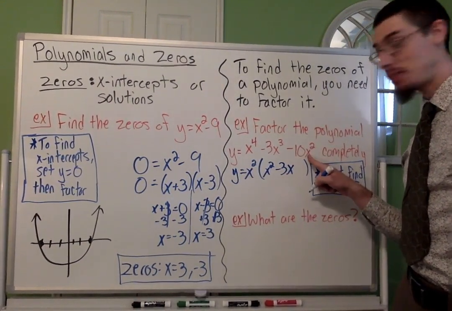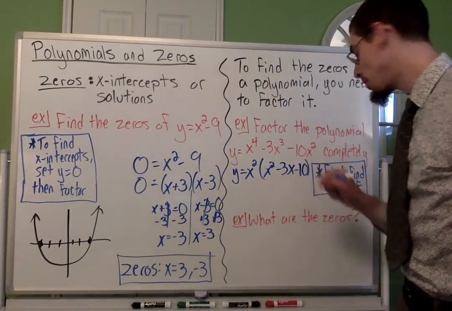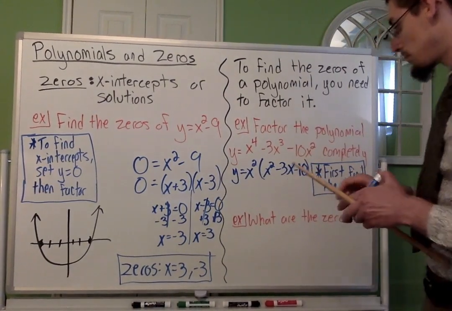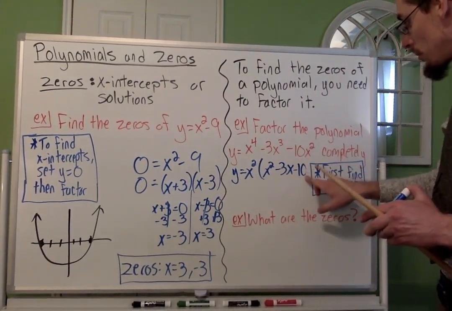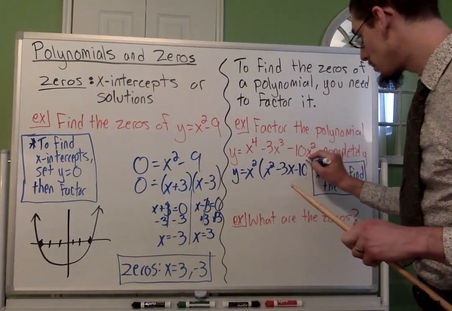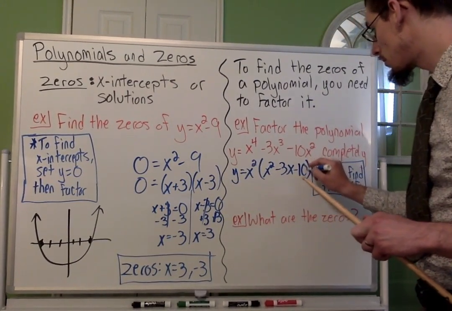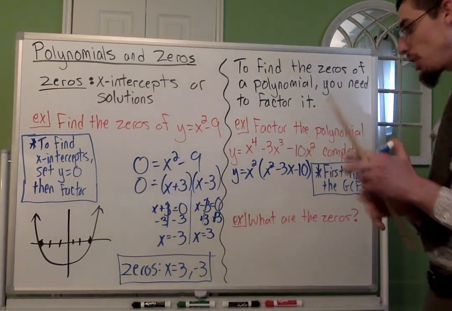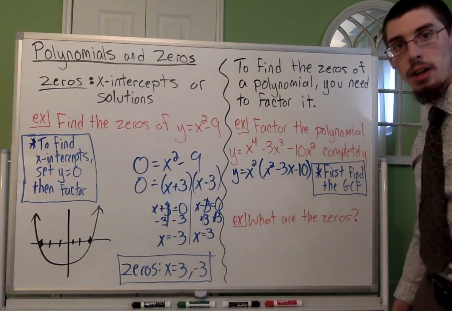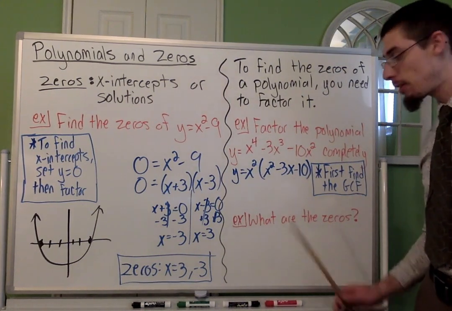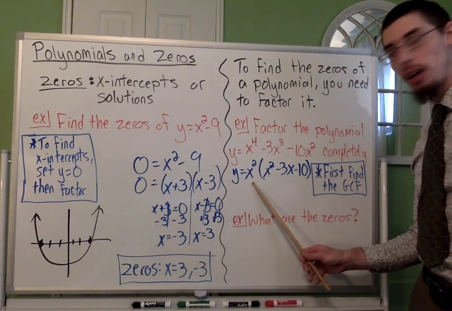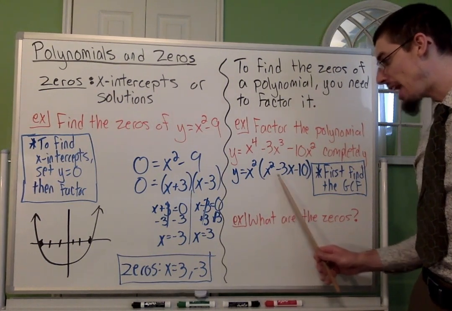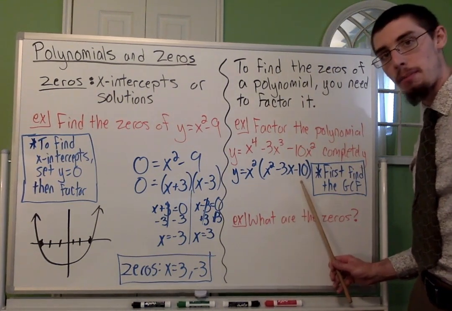There were 2 x's here, so now there's no more x's. So when I factor out the GCF, I get x squared times x squared minus 3x minus 10.